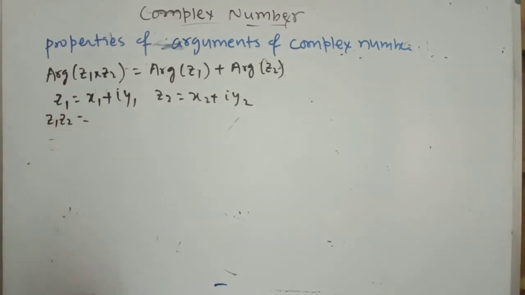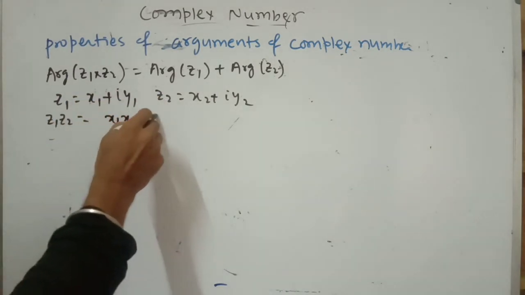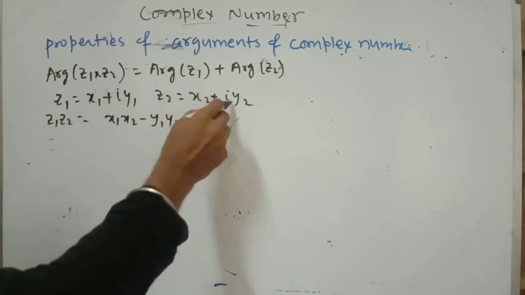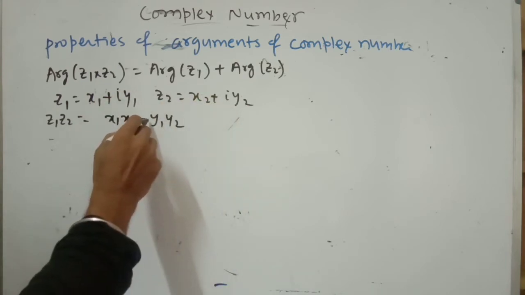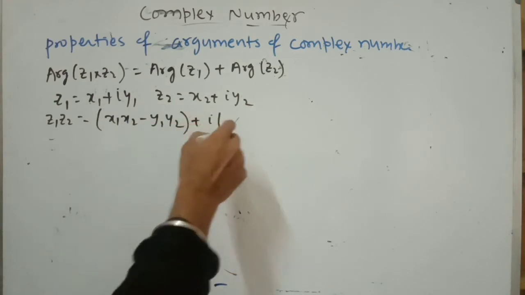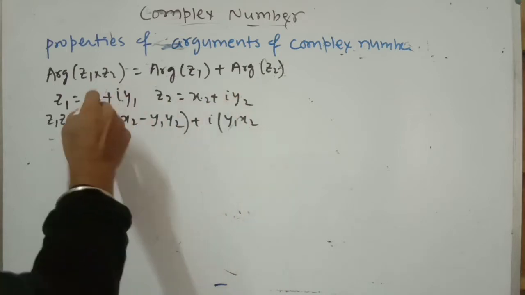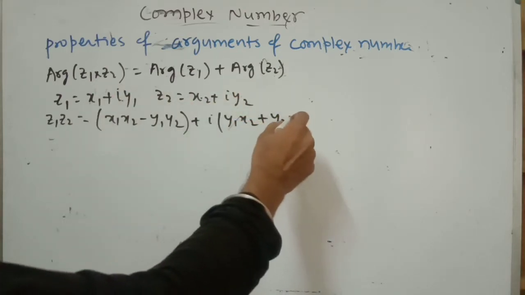So z1 z2 becomes x1 x2 minus y1 y2, since i square equals minus 1. After that, i times y1 x2 plus y2 x1.